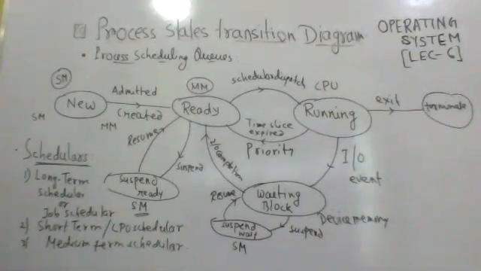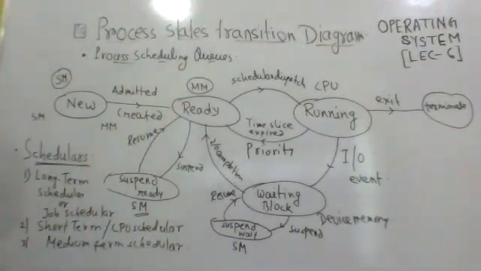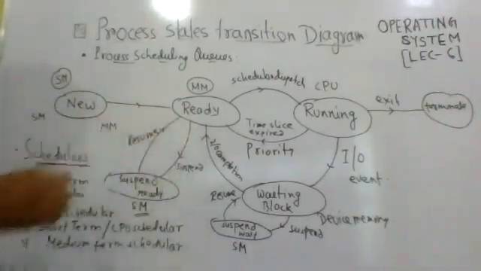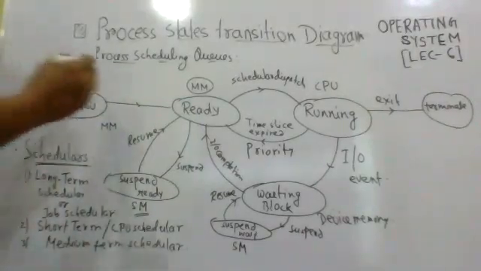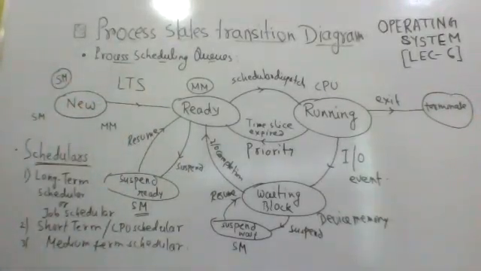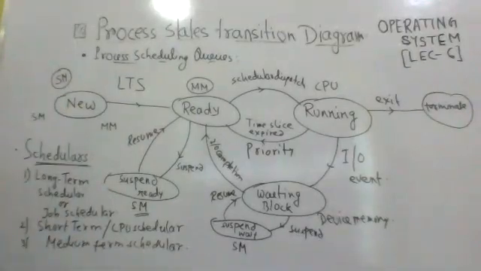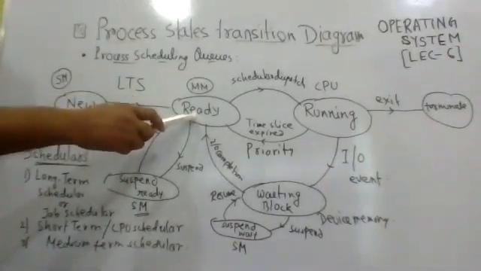Now, in the case of new state to ready state, we have a scheduler called the long-term scheduler. Actually, the long-term scheduler selects the new process from secondary memory and loads it into the ready queue for execution.